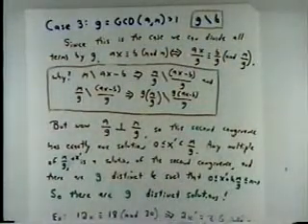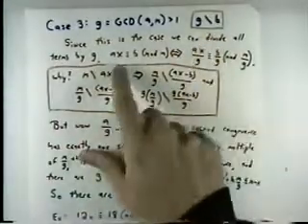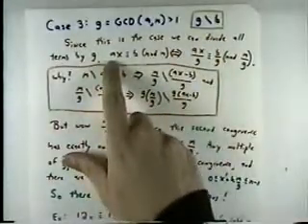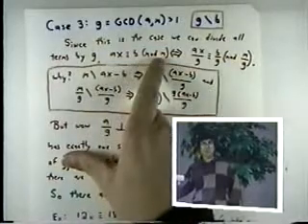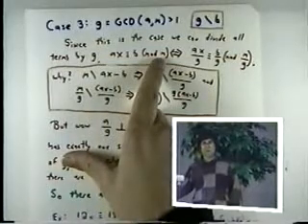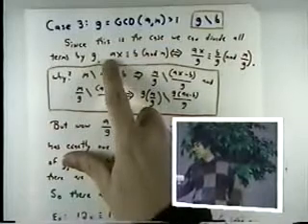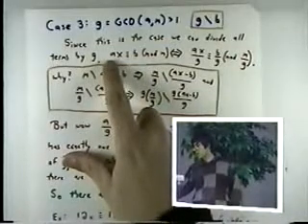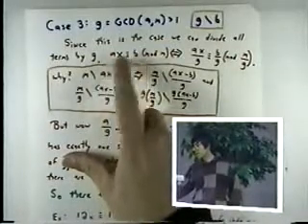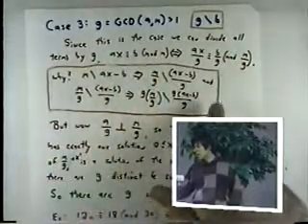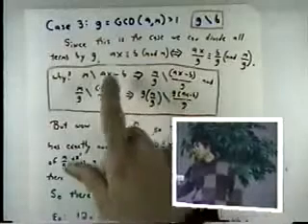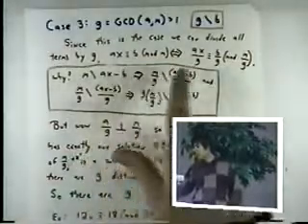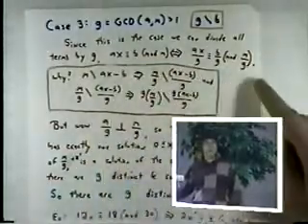Now, in this case, we have a congruence where there's a greatest common divisor between all three of these. We showed last time that if we have a divisor that divides all three, we can in fact divide out across the congruence.